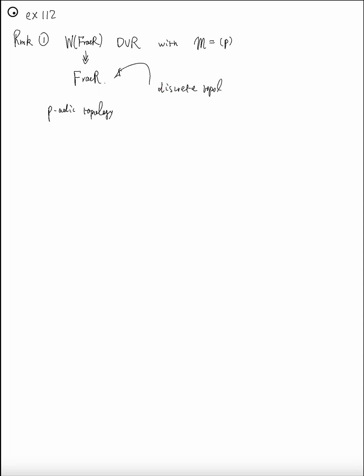This is too fine, too strong. We want a coarser one, so how about a coarser topology? For example, we hope there is a topology such that over the residue field, we have the valuation topology, right?